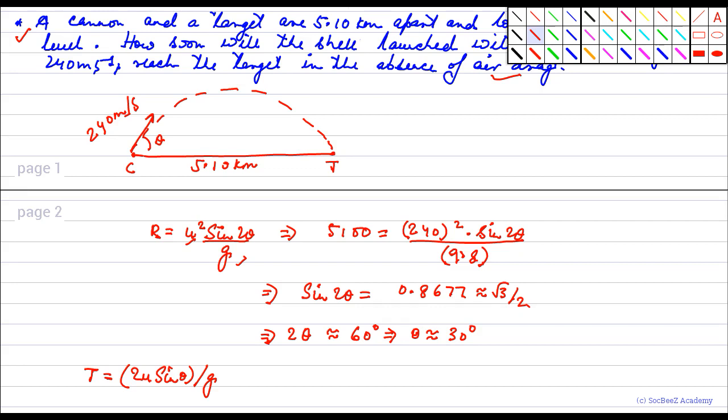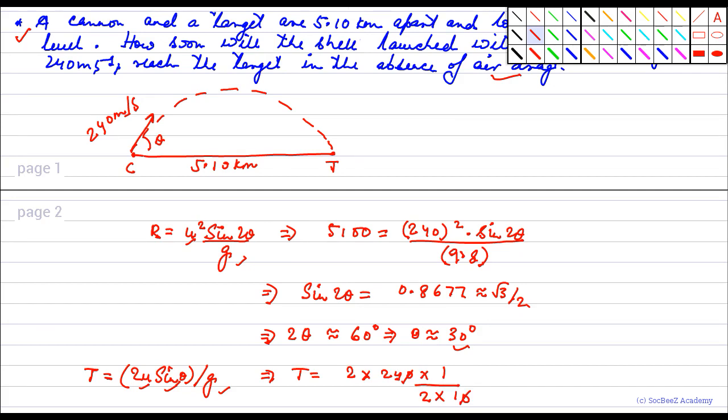I know that the theta value is 30 degrees. So if I put in the value of sine theta in this expression, I know the value of u, I know the value of g, I'll get the value of t. This implies t equals 2 into 240 into half, and g's value can in this case be taken as 10, or it could be taken as 9.8.